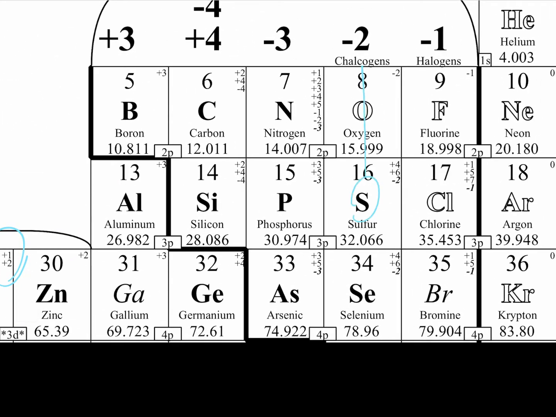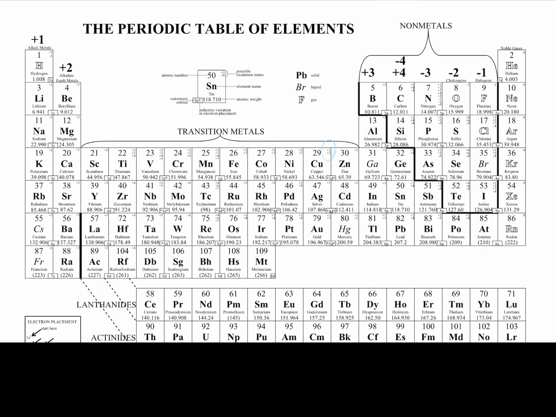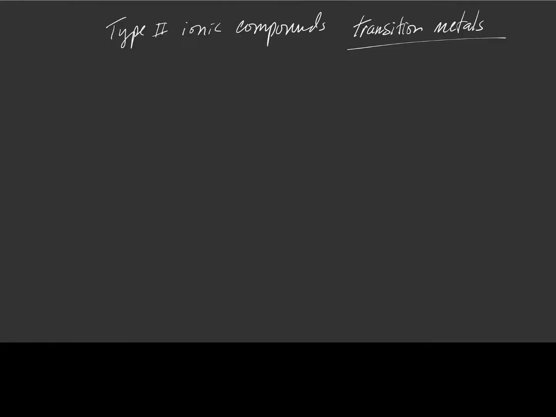Sulfur has this -2 oxidation state, and this anion, for the purposes of what we're looking at, is always going to have that oxidation state. You'll notice in the box, the -2 is italicized because that's its main oxidation state.